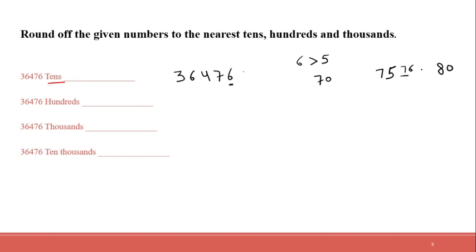If I write 76, then 77, 78, 79, and then 80, right? So if we want to round it off to the nearest tens, then we will round it off to 80 and not 70, because it is away from 70 and near to 80. That's why we will round it off to 80. So the answer will be 3, 6, 4, 8, 0. Got it?